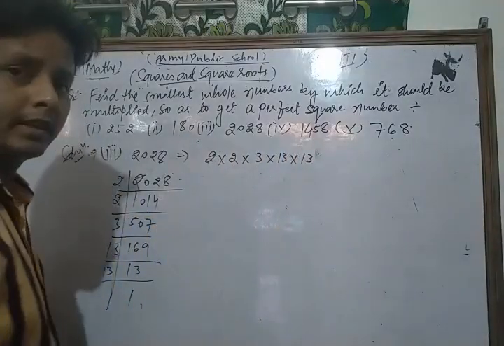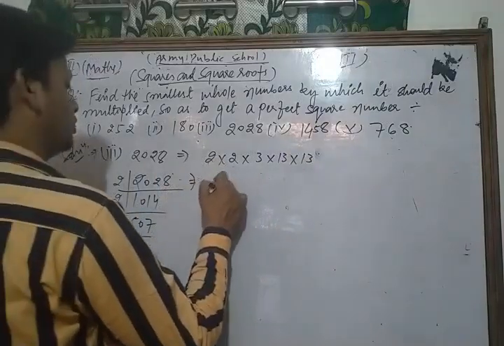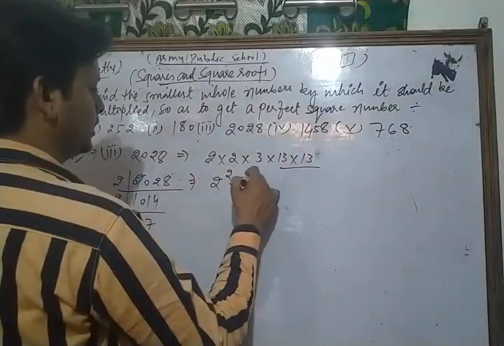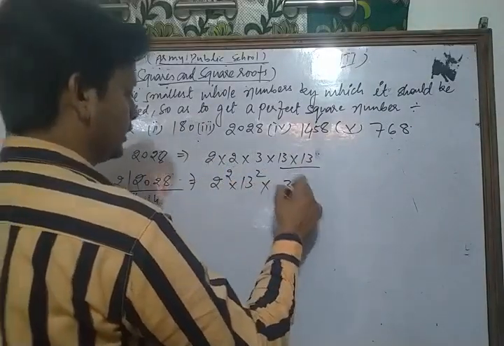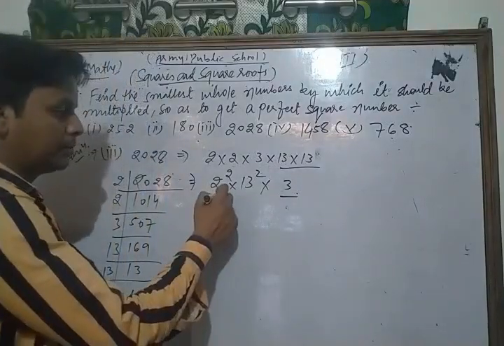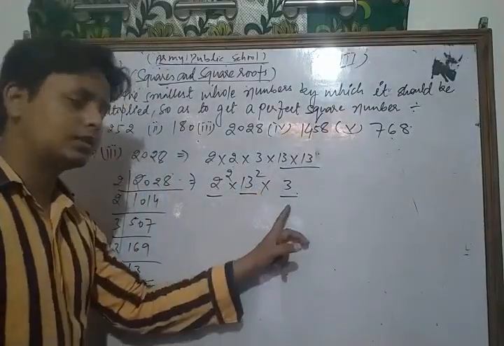So it is observed that we write 2 square, 13 as 13 square, but 3 as it is. So 2 is in a pair, 13 is also in a pair, but 3 is not in a pair.